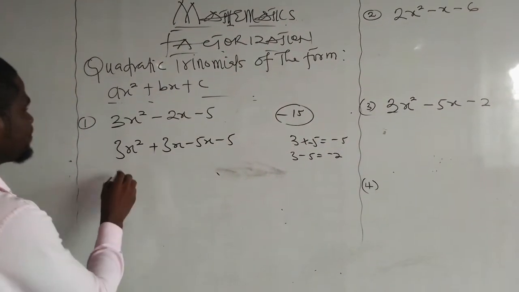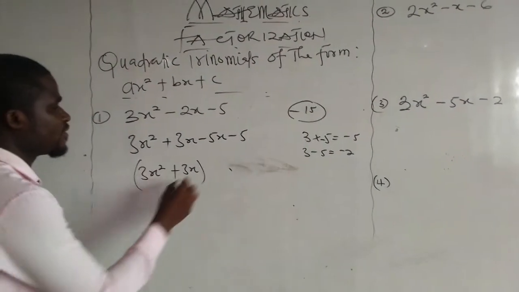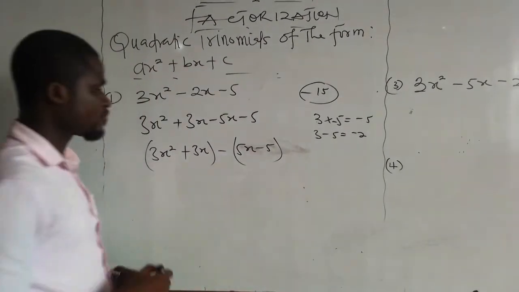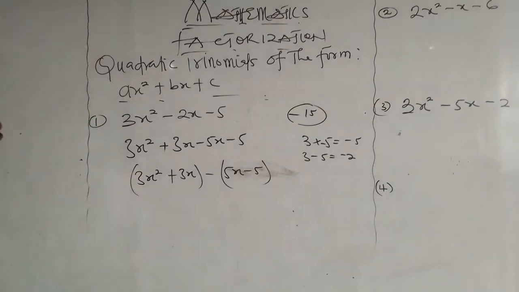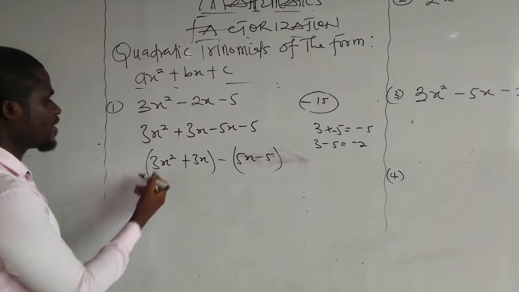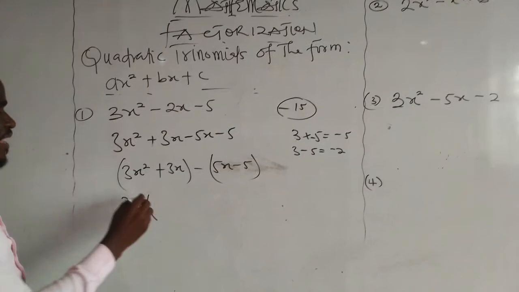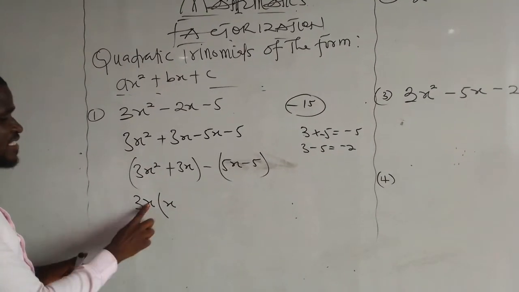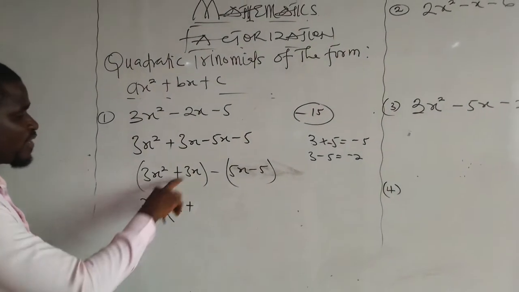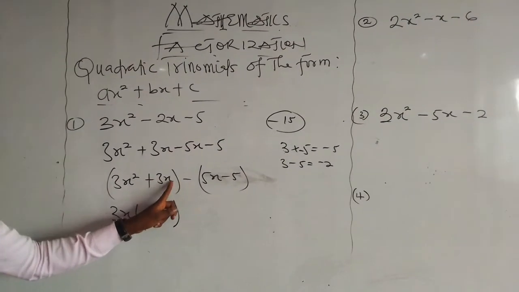So we are going to have 3x squared plus 3x in one bracket minus 5x minus 5. So we are going to factorize. So we are going to have 3x common here. So x into bracket. Now what remains here? I have only x because 3x times x will give me 3x squared, plus 3x times 1 will give us 3x.